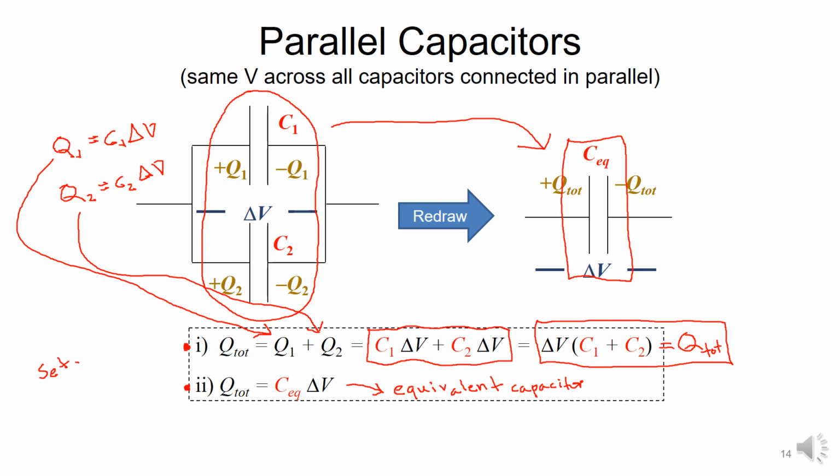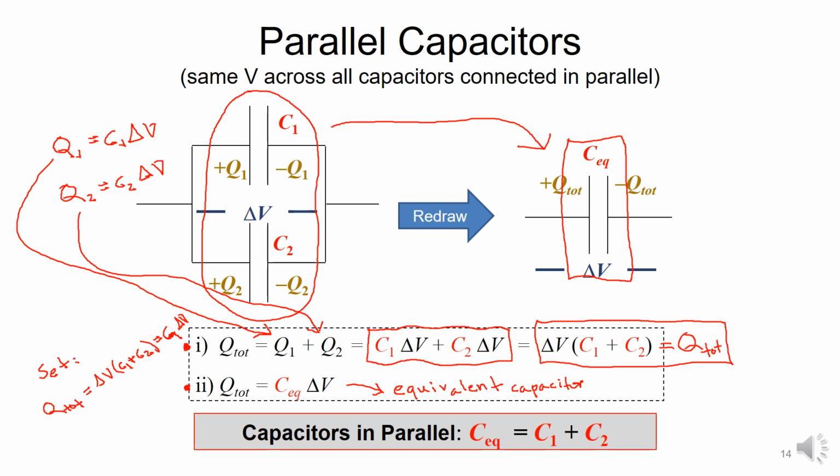So we have Q total equals delta V times C1 plus C2, and that's equal to C equivalent times delta V.